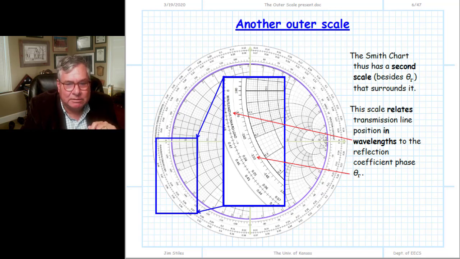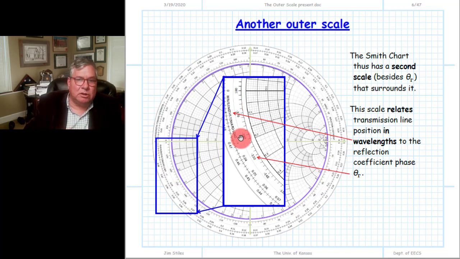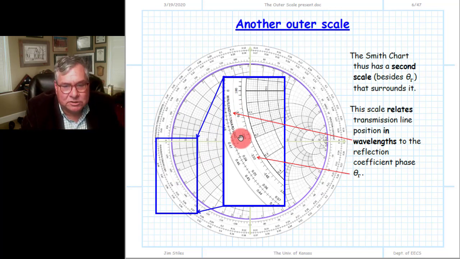If we look closely in this region right over here of the Smith chart on the outer scale, oftentimes the Smith chart will have a term that says wavelengths toward load. On this scale, there are 2 indexes, one on the very outside and then one on the inside of the scale.